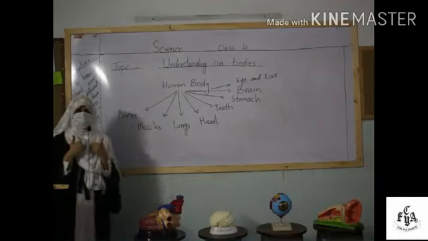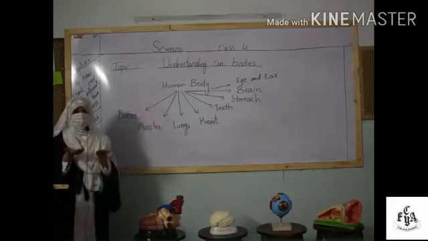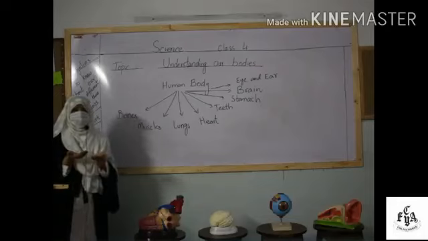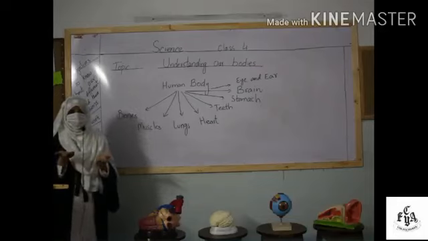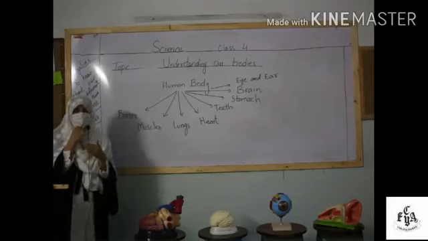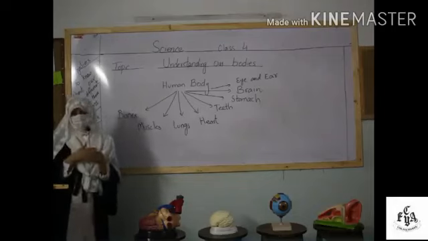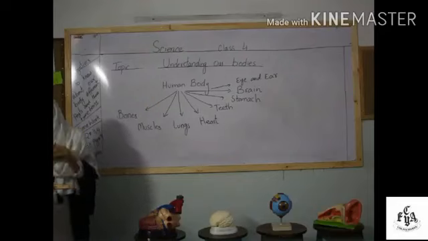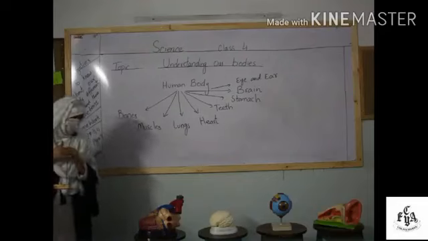We are inhaling. And what we are exhaling as output is carbon dioxide gas, which we are giving to the atmosphere. That carbon dioxide is used by the plants for their photosynthesis and to make their food, right? So that is the function of the lungs.